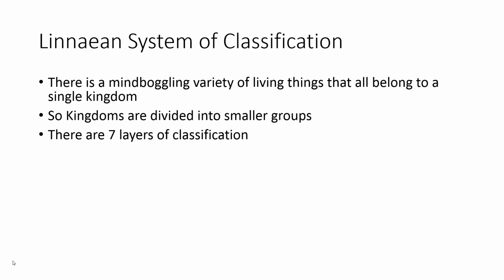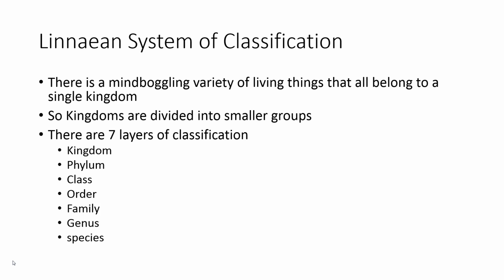There are 7 layers of classification, and as we move down through the layers, each group gets more specific, and there are a fewer number of living things in that group. Those living things that belong to that group are more similar to one another. The 7 layers of classification include kingdom, phylum, class, order, family, genus, and species.